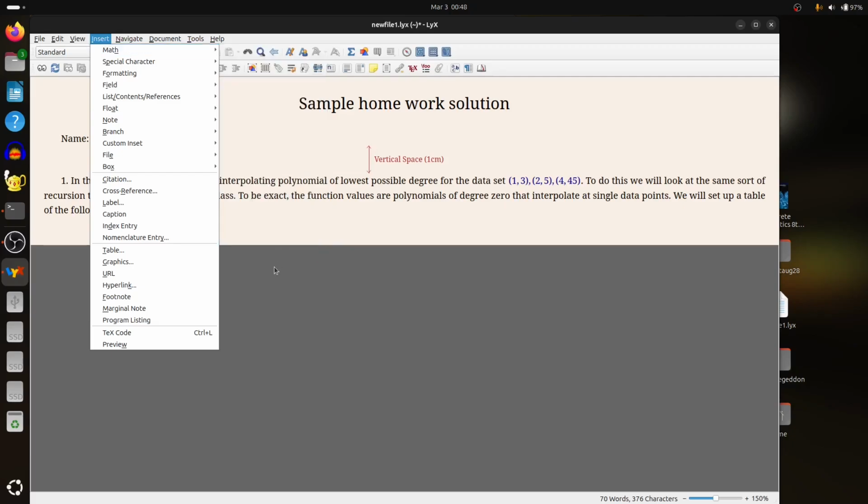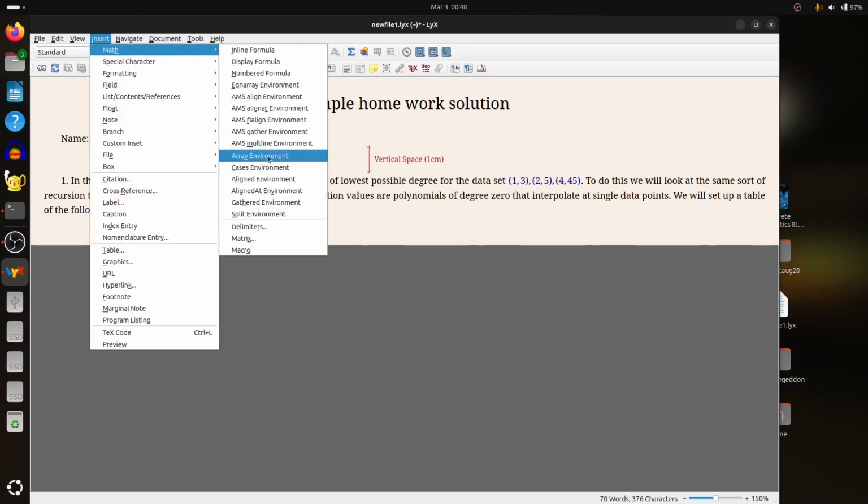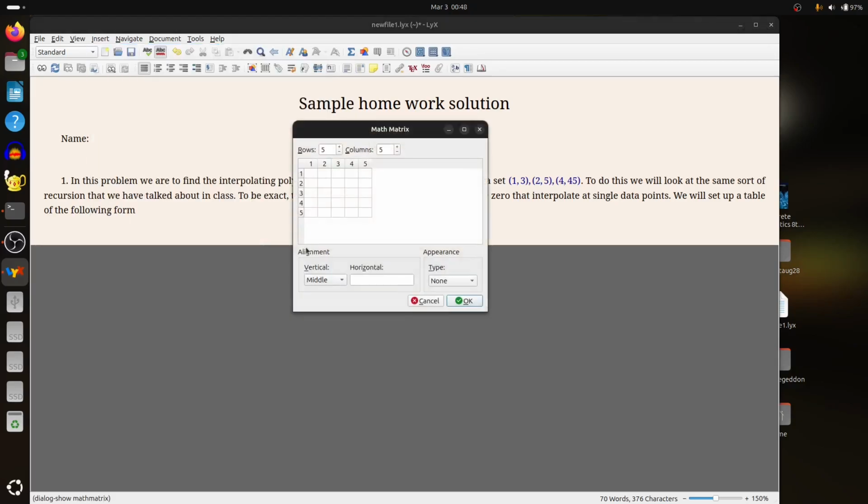See about using a matrix environment for this. So let's see. I'm looking at my pieces of paper here. I need to have 3 rows and 3 columns.